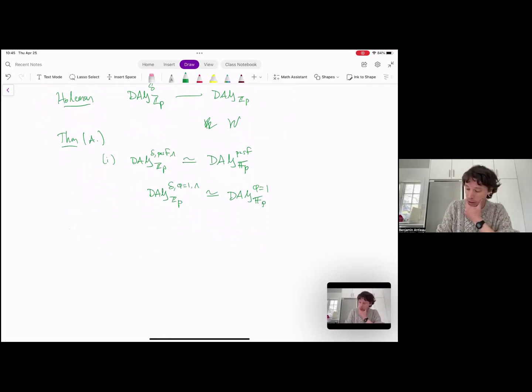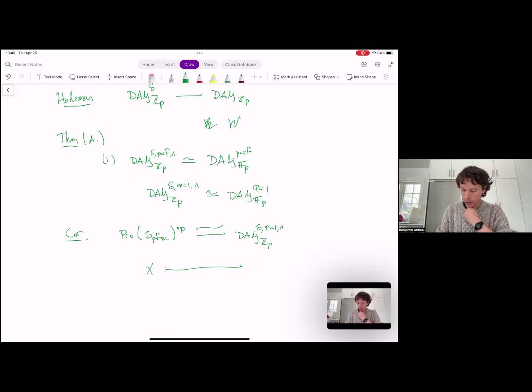And as a corollary, you get that the map from pro-p finite spaces op to derived delta rings, Z_p delta rings where the Frobenius is the identity and p-complete, this is an equivalence. And this is now X goes to Z_p chains on X, viewed as a derived delta ring.